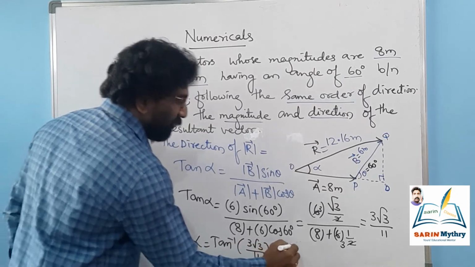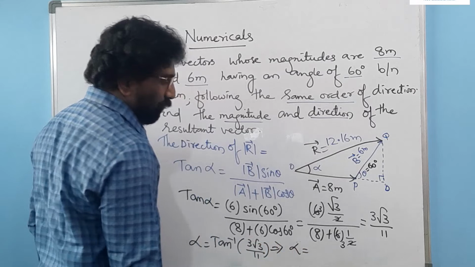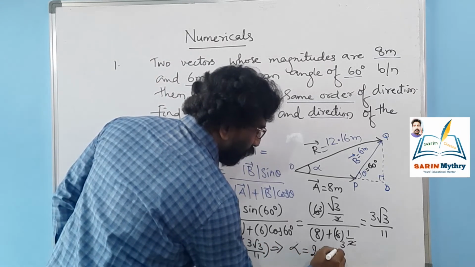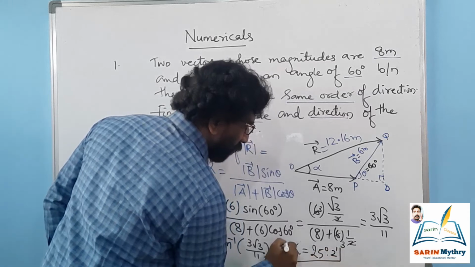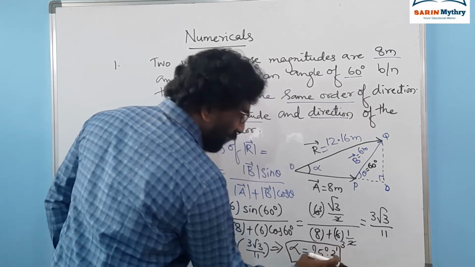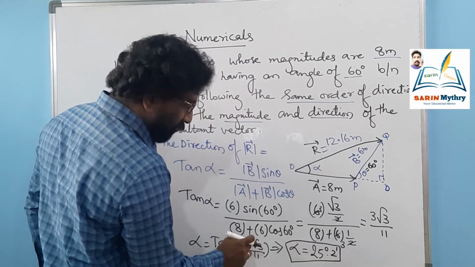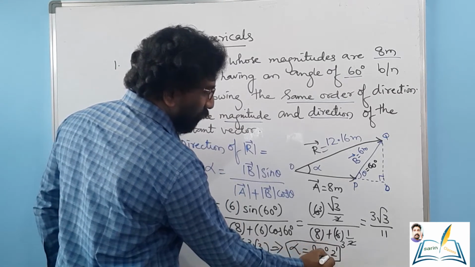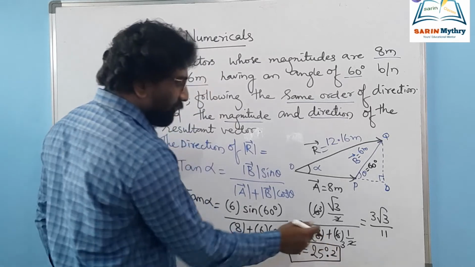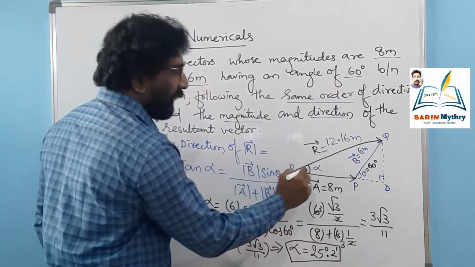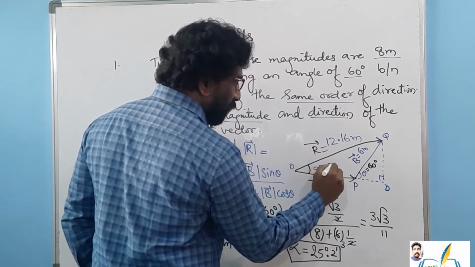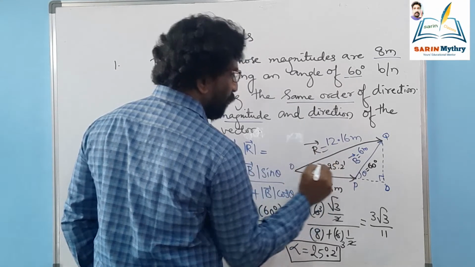That implies alpha is equal to 25 degrees 0.2. So now this is your angle. In this angle, your resultant vector is traveling, 25 degrees 0.2.